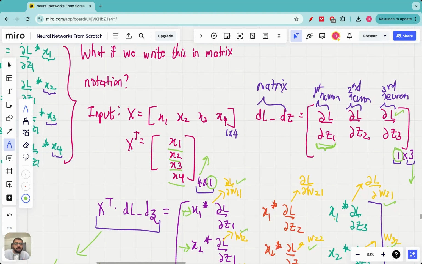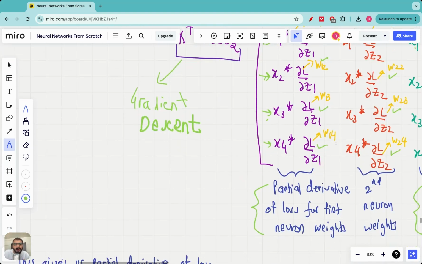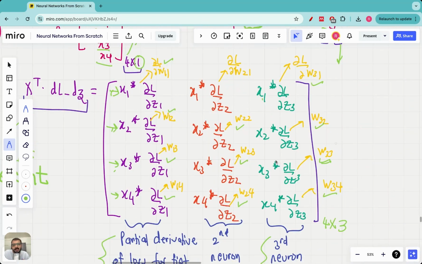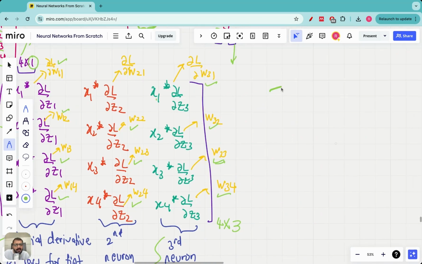So the partial derivative with respect to the bias in this case will just be, so this is the partial derivative with respect to weights matrix, and the partial derivative of bias matrix will just be partial derivative with respect to Z1, partial derivative with respect to Z2, and partial derivative with respect to Z3. That's it.